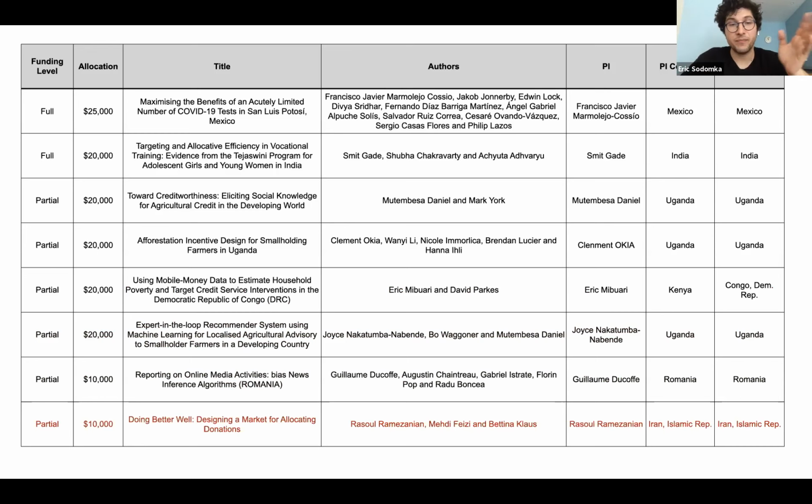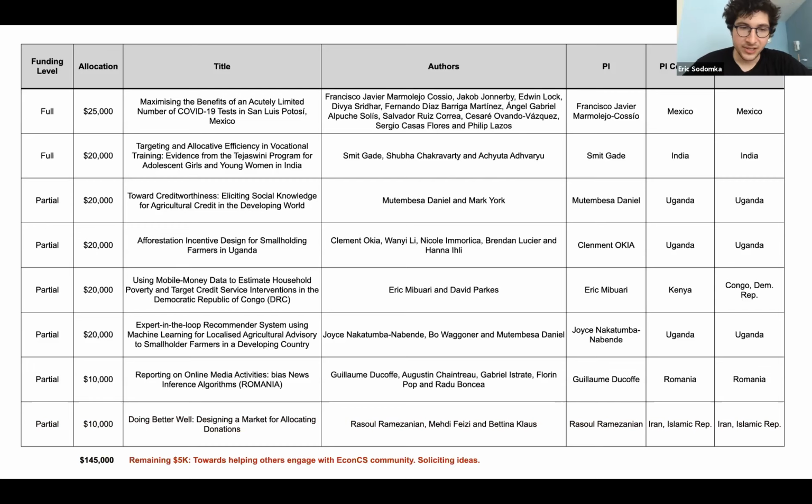There were many more compelling submissions beyond these. If you are quick at adding things up, you may notice that this comes to $145,000, not $150,000. With that remaining $5,000, we're trying to help others engage with the Econ CS community.